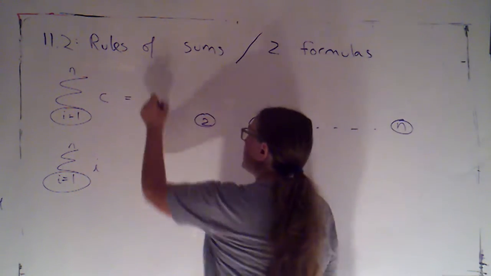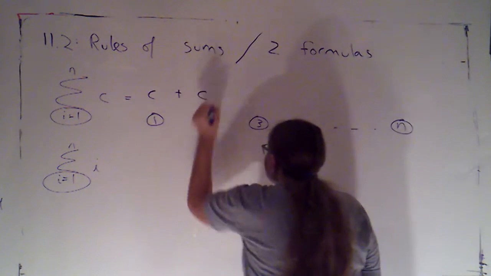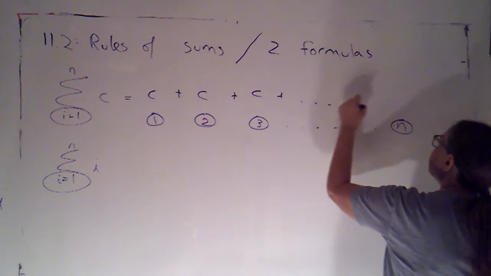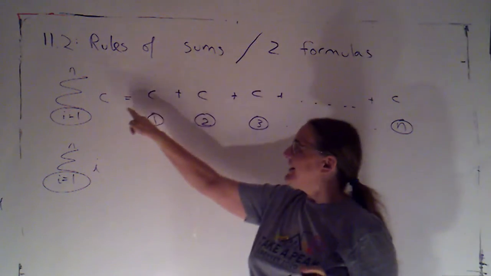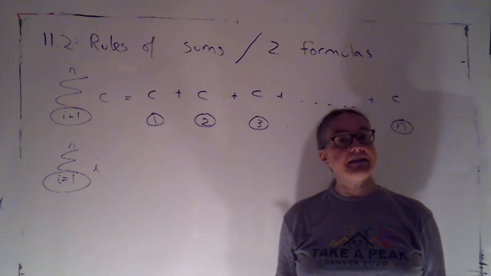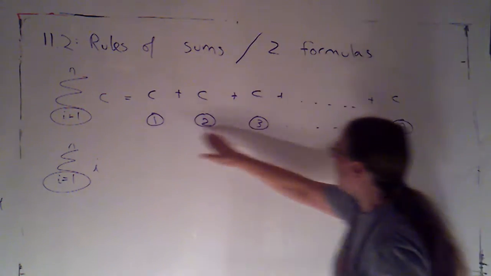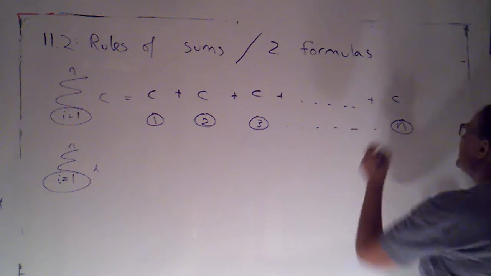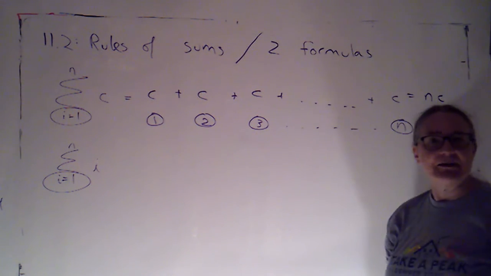So when my index is 1, I have a C. When my index is 2, I have a second C. I'm getting a copy of C for each one of these indices. So I can see what I'm getting is just a whole bunch of copies of C. How many? Well, because I started at 1 and counted to n, that's n terms. So we're just getting n copies of C.